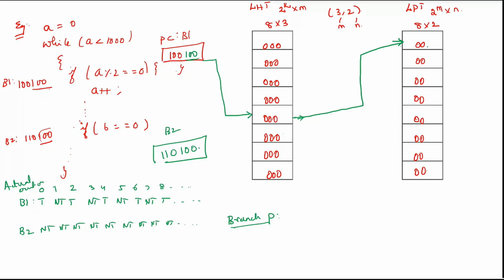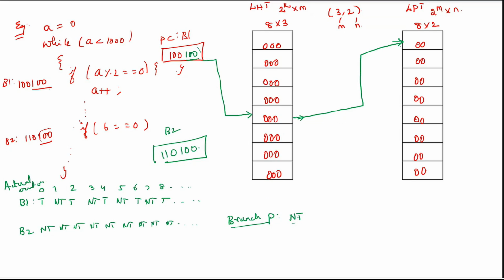When it is 00 for the 2-bit, it is predicted as not taken, isn't it? Clear or not? So for the first branch, using this k bit we are entering into the local history table, and then going to the local prediction table. According to the local prediction table, the previous prediction was 00, which is the not taken case, so we made it not taken.